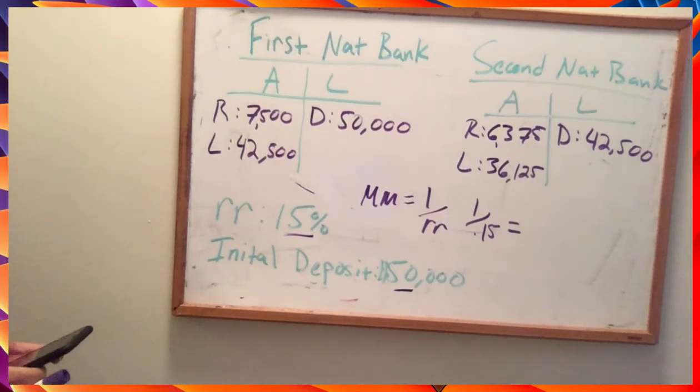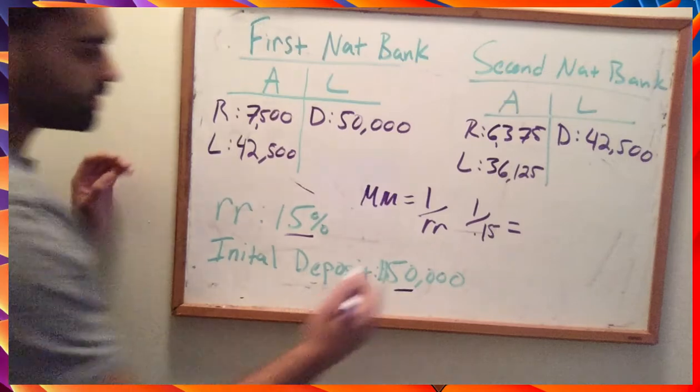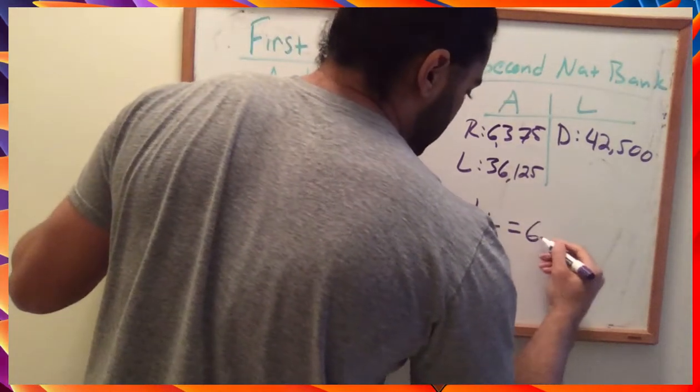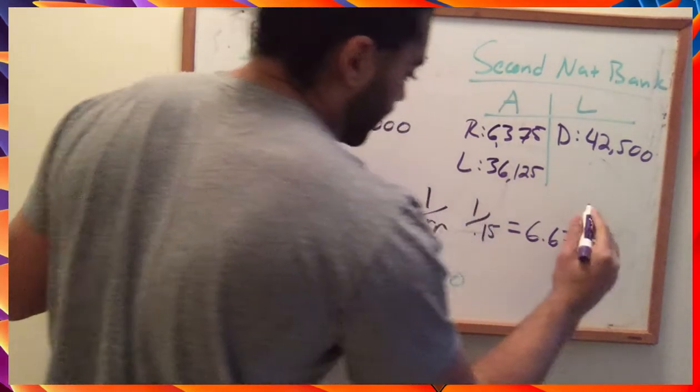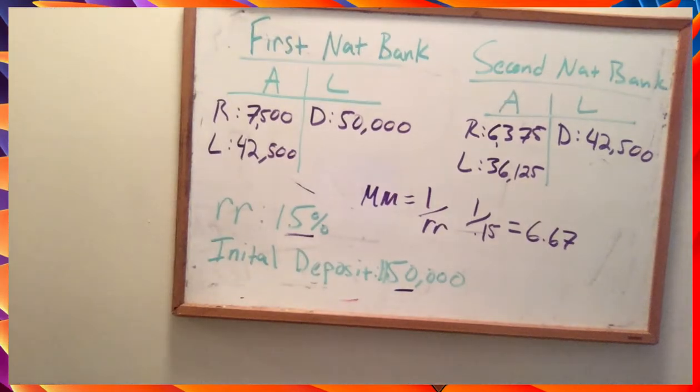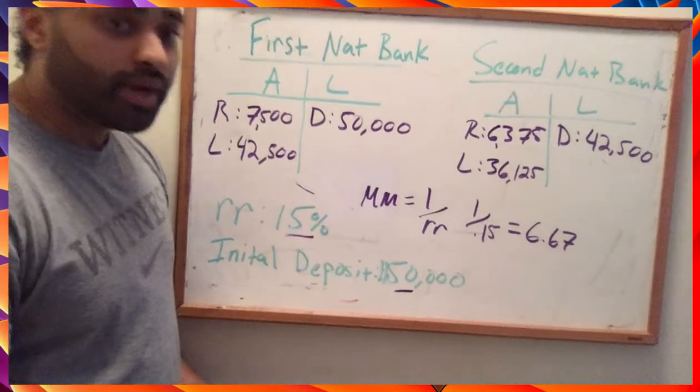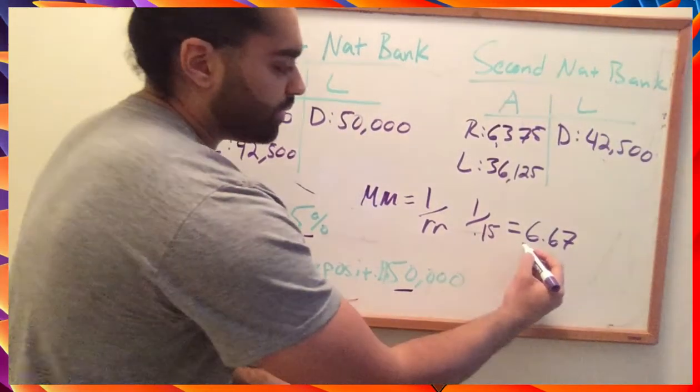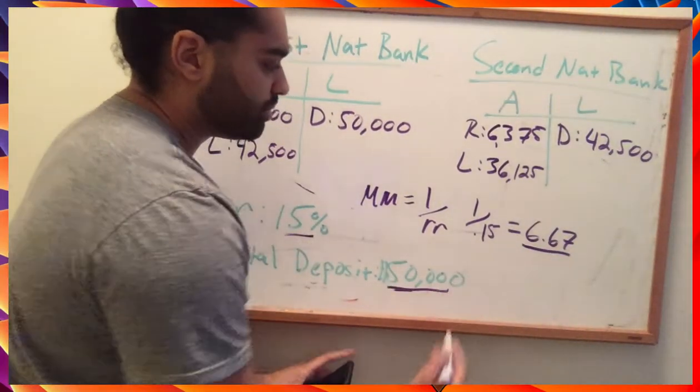Just want to do the math again. 1 divided by 0.15. It's going to be 6.67. I'm rounding. Okay, so now this is our money multiplier. Now we want to know how much money we've created. It's just going to be our money multiplier multiplied by our initial deposit.